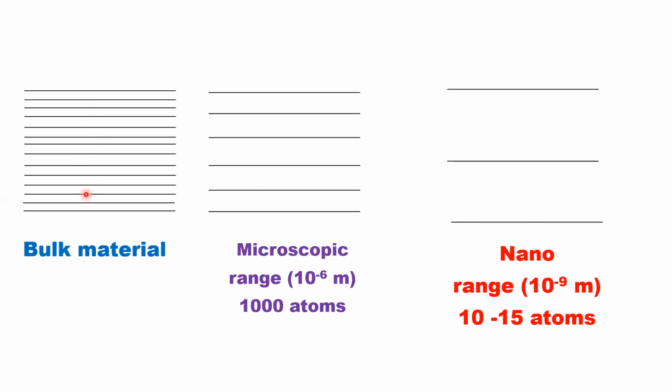continuous. When the size of the bulk material is reduced to the microscopic range, that is 10 to the power of minus 6 meters, it has been found that the number of atoms in the whole material is only 1000 atoms.